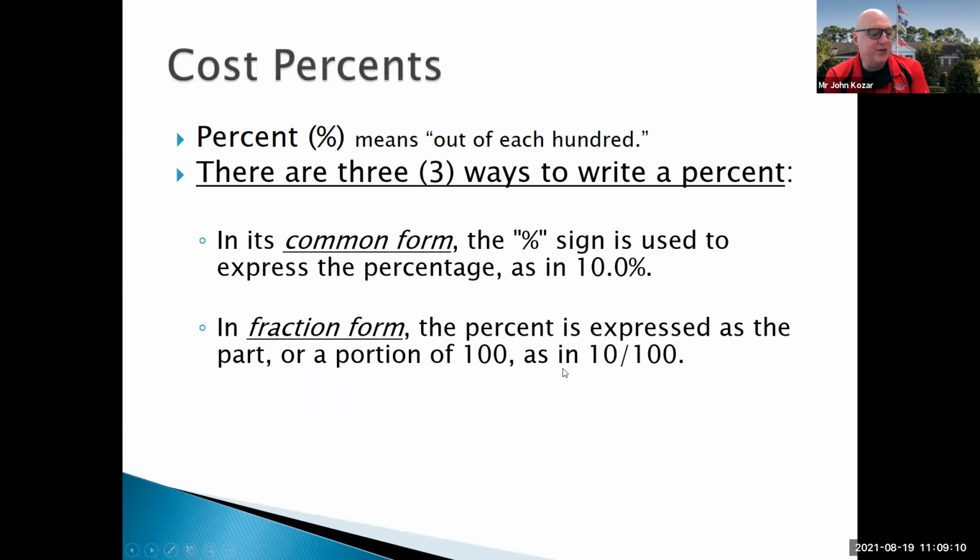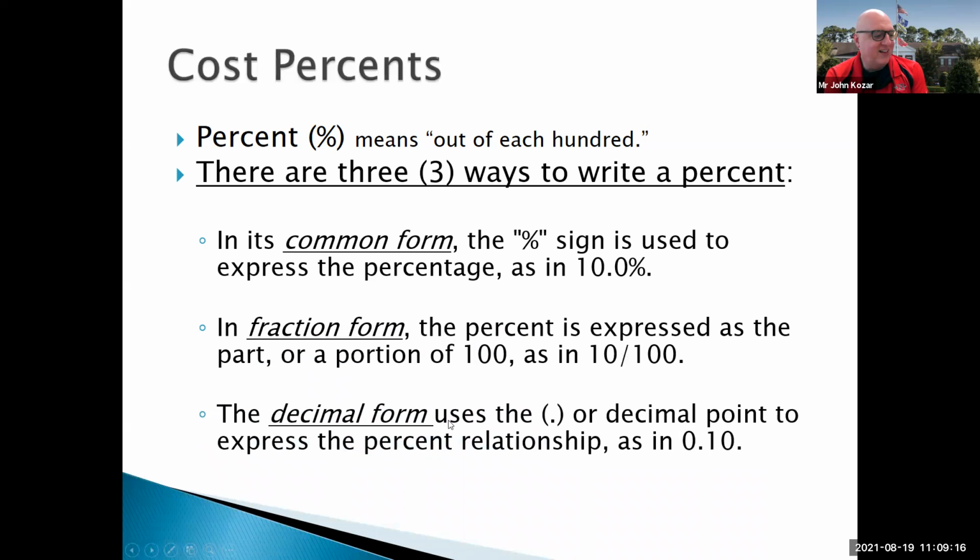If it's a fraction, it would be shown as 10 divided by 100. In the decimal form, which is probably going to show up on your calculator when you do the calculation, it's going to be 0.10. But you've got to make sure that when you write it in the common form, it is 10.0%. All 3 of these are the same thing.